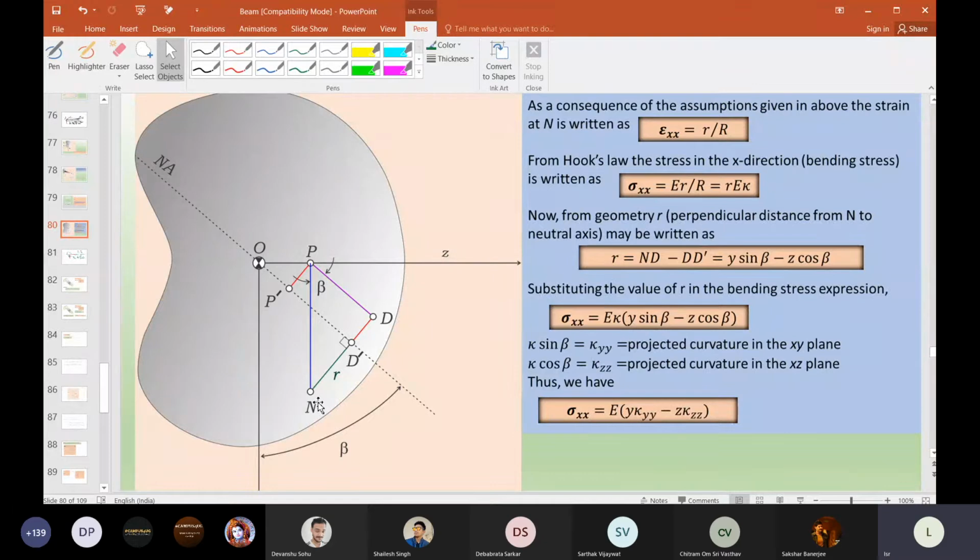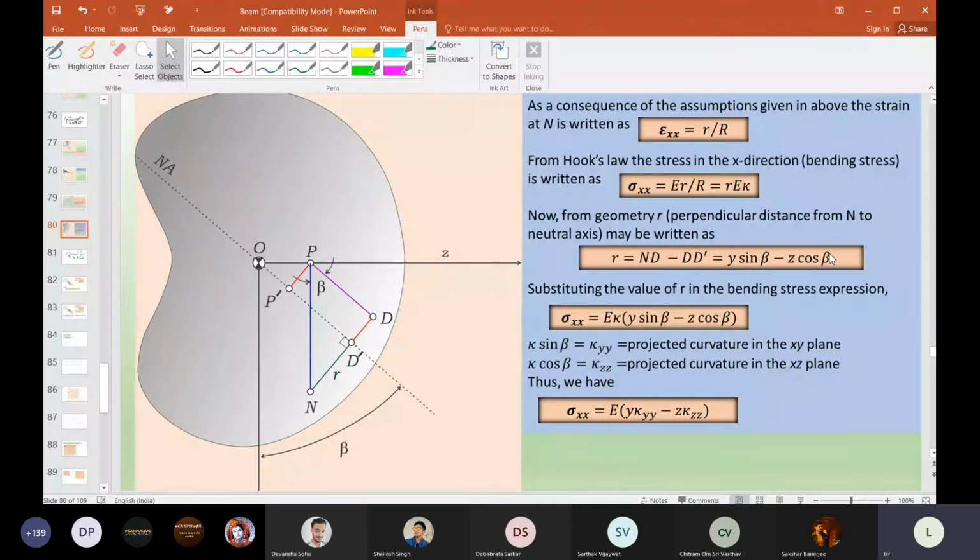So let us say what is r. r is nothing but ND minus D prime D, where ND is y sine beta, so r is y sine beta minus z cos beta.